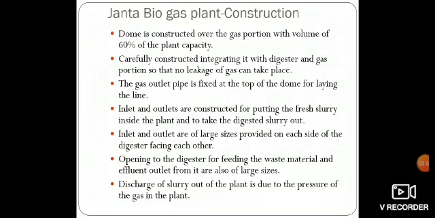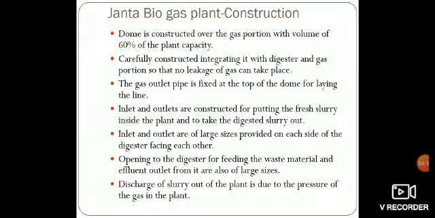The gas outlet pipe is fixed at the top of the dome for laying the line. For taking out the biogas, the gas outlet pipe is fixed at the top of the dome and sealed with clay material.